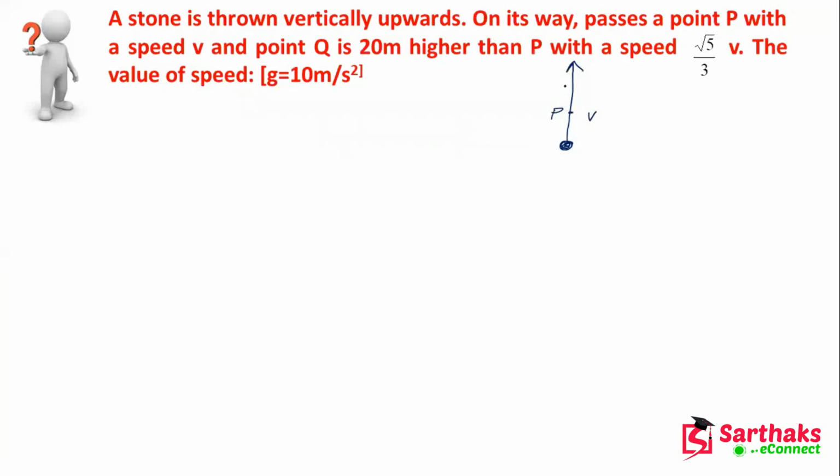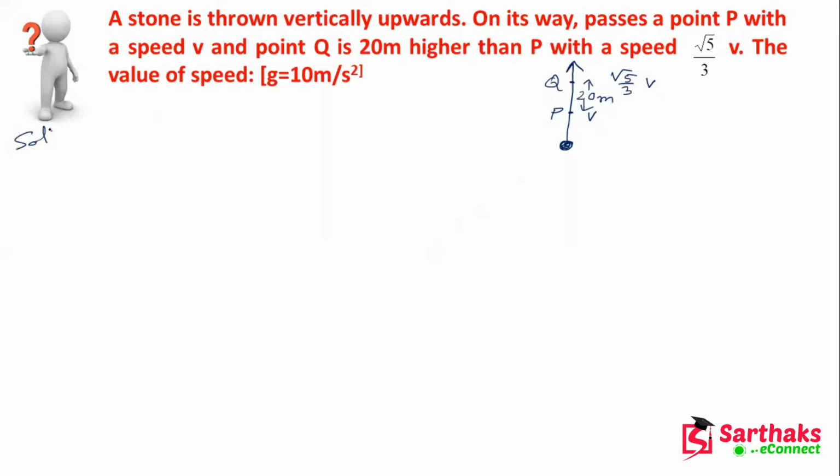And point Q is 20 meter higher than P. Let it be Q, and it is 20 meter higher than this one, with its speed √5/3 into v. The value of that speed, that means v, I have to find out.